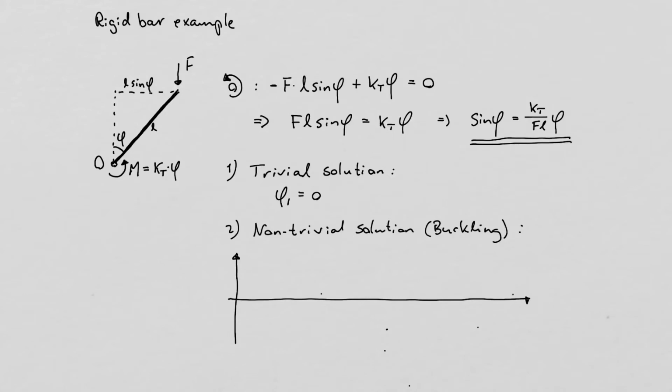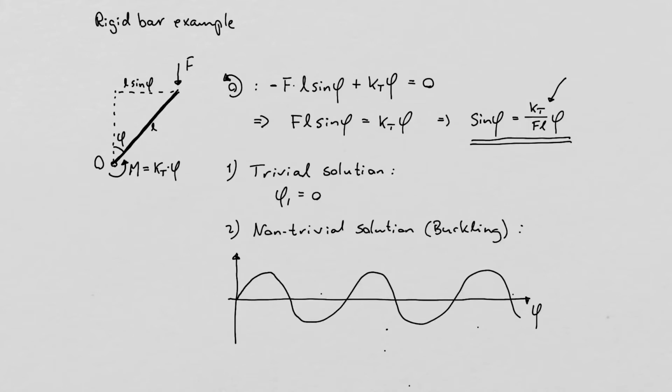Now let's draw the two parts of this condition, the sine phi. So this is phi along the x-axis. So the sine phi, we know what that looks like. Not a perfect drawing, but we know what the sine looks like.